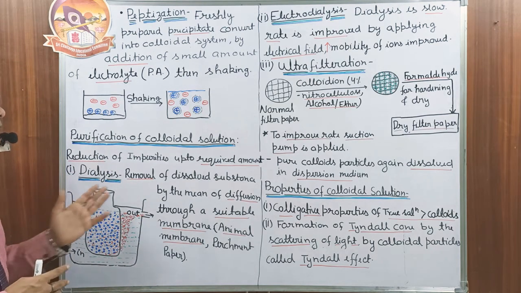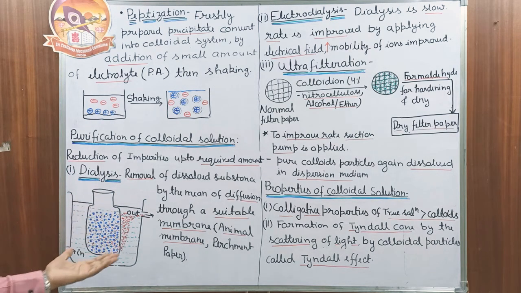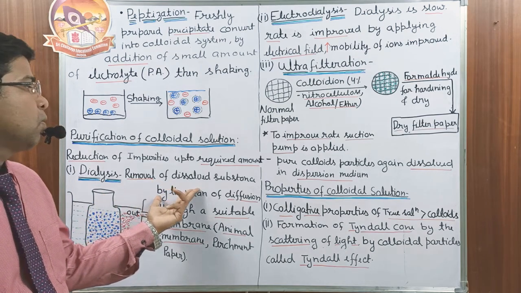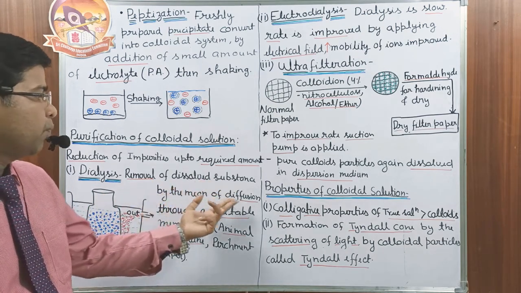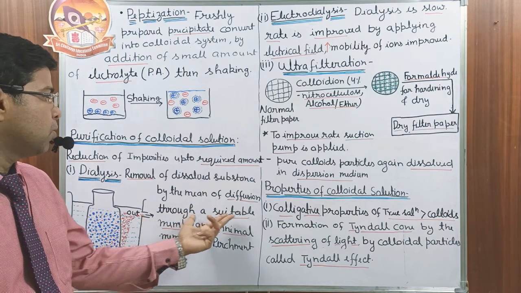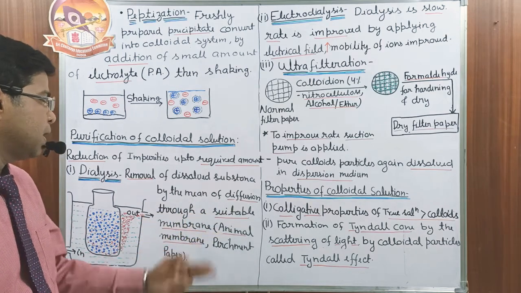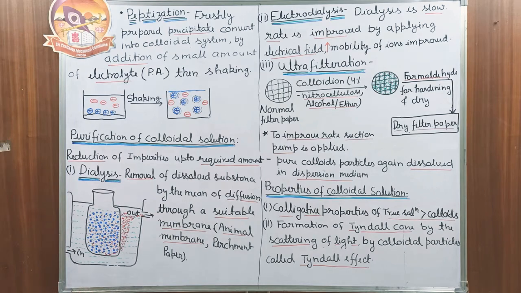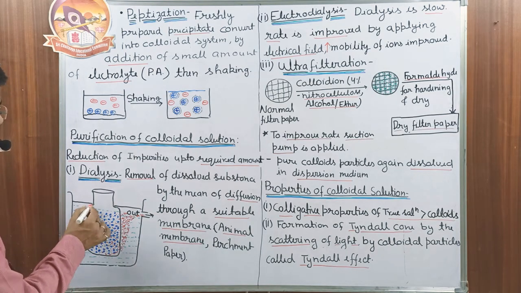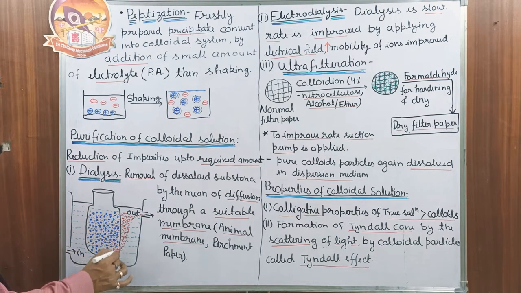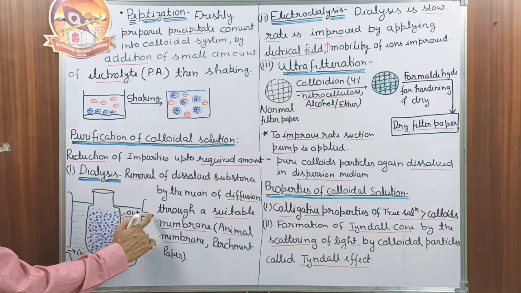What are the methods? First is dialysis. Dialysis is the removal of the dissolved substance by means of diffusion through a suitable membrane. That membrane is an animal membrane or maybe parchment paper. Look, this bag is made of animal membrane. Everywhere water is present. From this side water goes in, from this side water goes out.